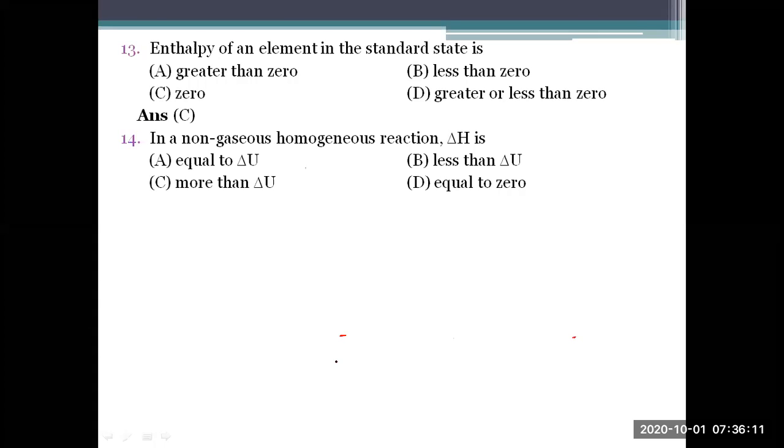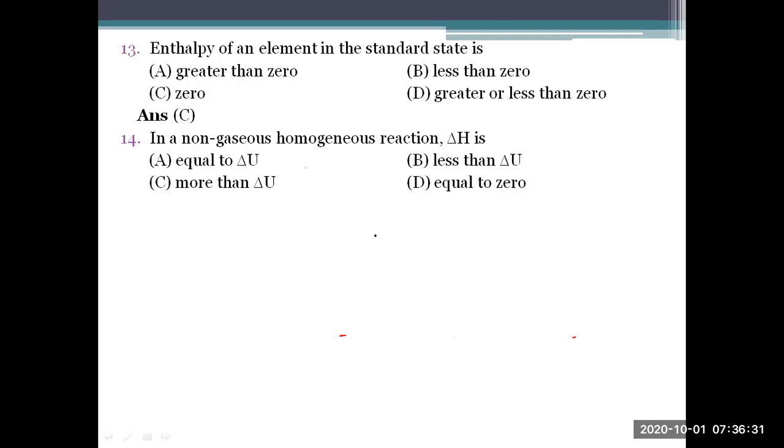Equal to delta U. Why? The volume change is negligible for liquids and solids. In a non-gaseous homogeneous reaction, the reaction must be in solution phase, involving even solids. That's the meaning. There is no gaseous component.